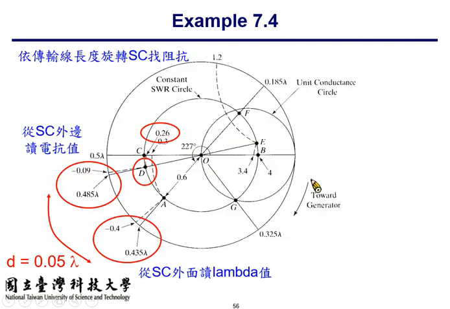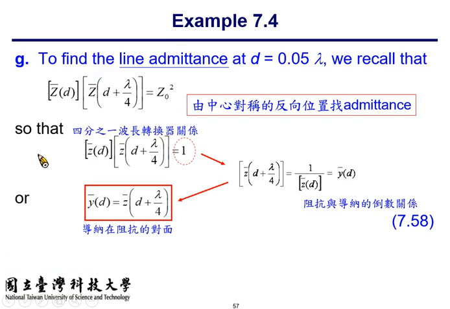Okay, the next thing. Here is the procedure that you can do: starting from 0.435, adding 0.05, you end up with this position, and draw a straight line from the center and read out the real part circles and imaginary part circles for the readings of ZD.